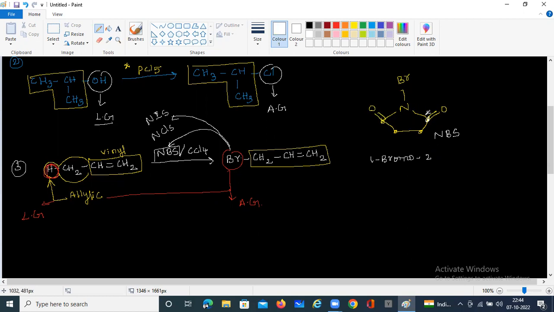So 2, 3, 4, and 5. So that's why 1-bromo-2,5-pyrrolidine.